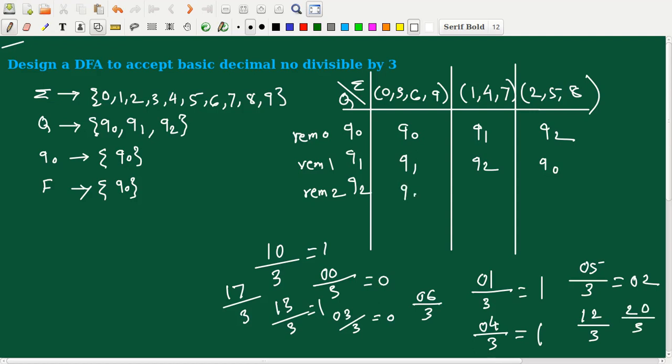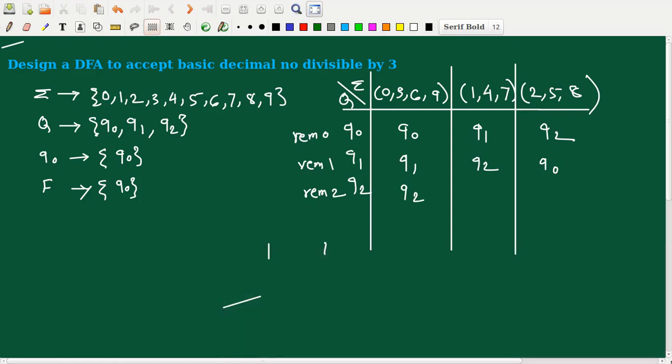So I get state 2 here, for remainder 2. Now q2 along with 1, 4, 7: if I provide any particular value from this set, it will give output q2. So it satisfies for the total set 0, 3, 6, 9.